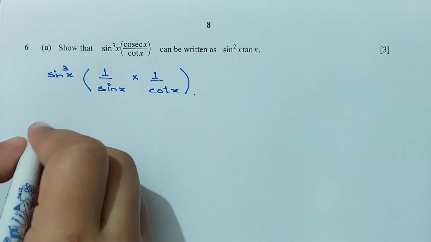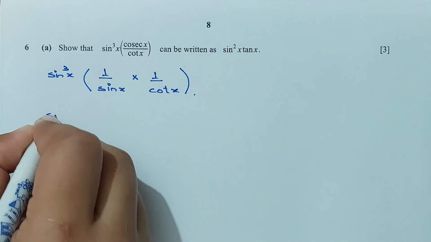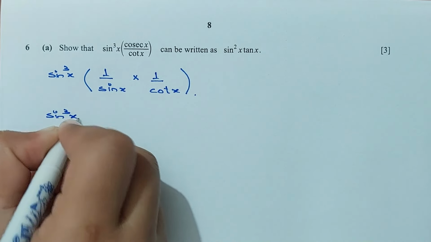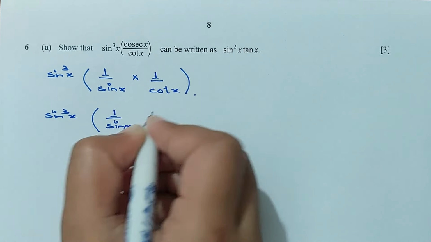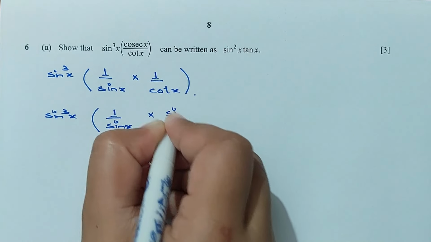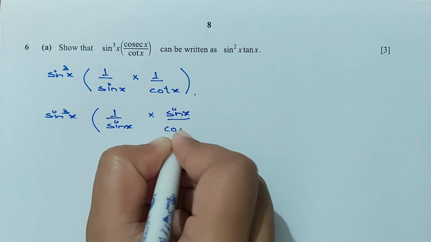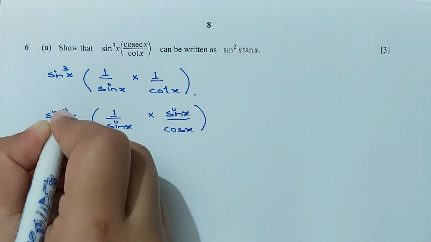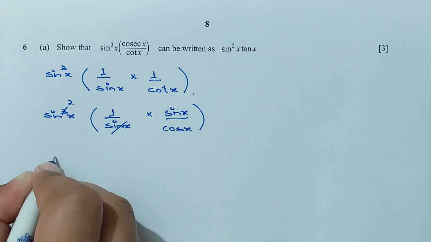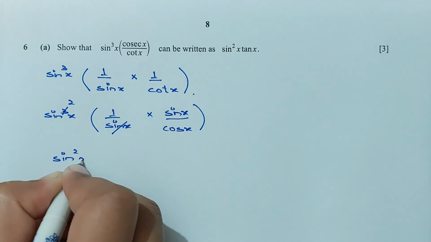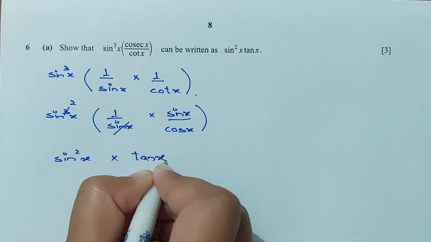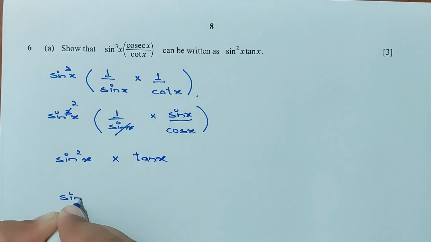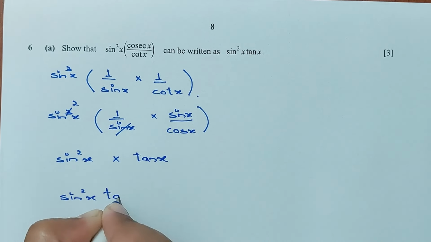So this is sine cube x into 1 over sine x, and 1 over cot is sine x over cos x. Sine cube divided by sine cancels, and we are just left with sine square x times sine x over cos x, which is tan x. So this proves that this is sine square x tan x.